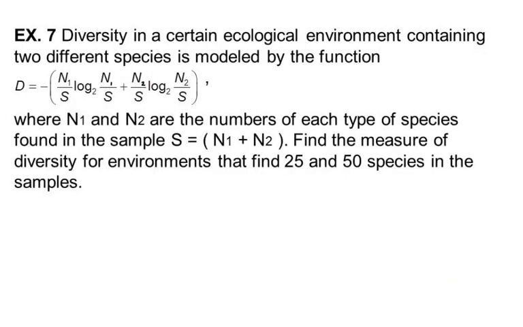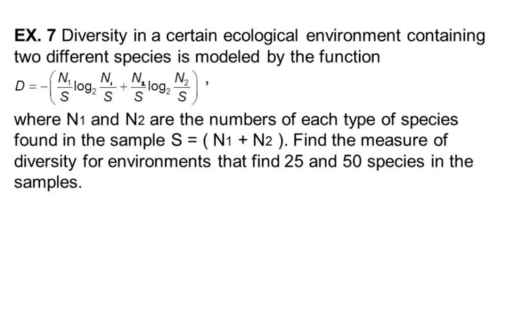Okay, last one says that diversity in a certain ecological environment containing two different species is modeled by this function. N1 and N2 are the numbers of each type of species found in a sample. So S equals N1 plus N2. Find the measure of diversity for environments that find 25 and 50 species in the sample.